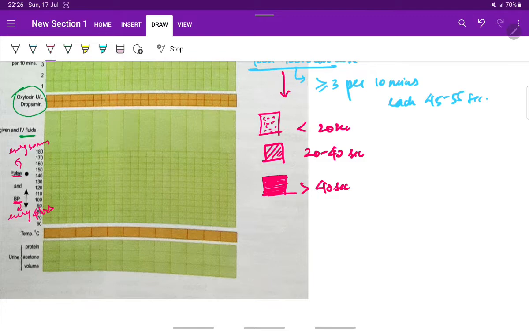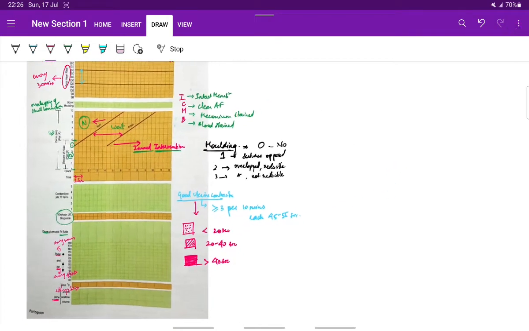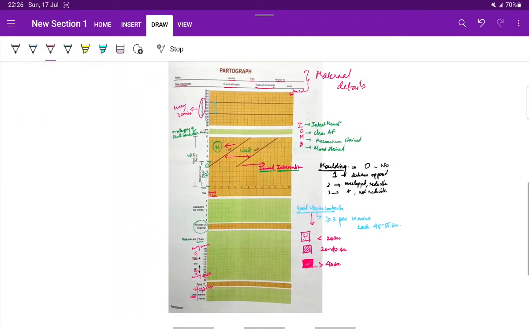Next is the temperature of the mother, marked every 2 hours in Celsius. Then we check the urine for any protein, acetone and volume. This is the partogram, which is a very important graphical representation of the progress of labor.